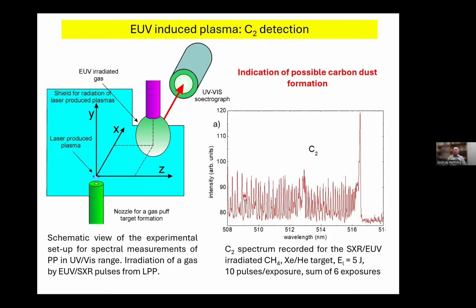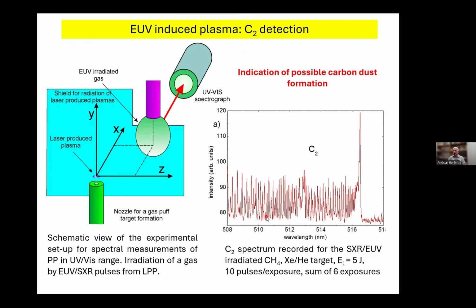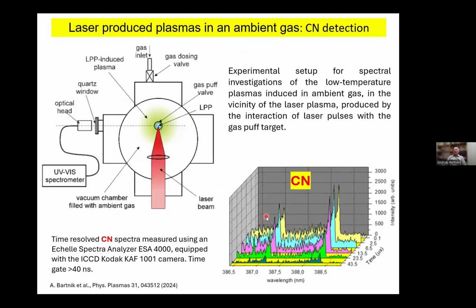Unfortunately, using this spectrometer, it was not possible to detect more complex molecules. So it requires employing, for example, a mass spectrometer, like in this case. So we are going to do that. Also, in this chamber with ambient gas, we performed similar experiments, and also we obtained the molecule CN.